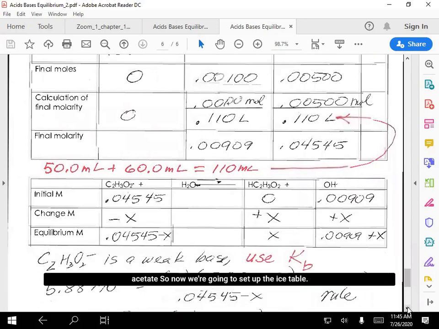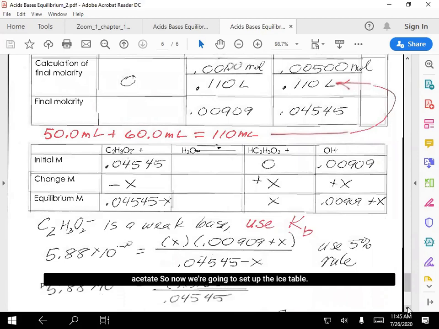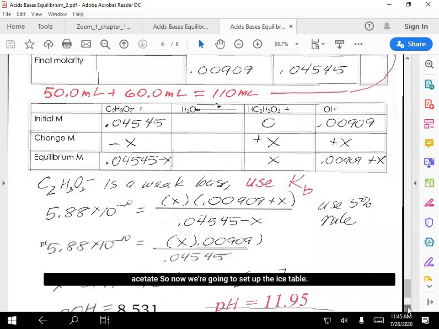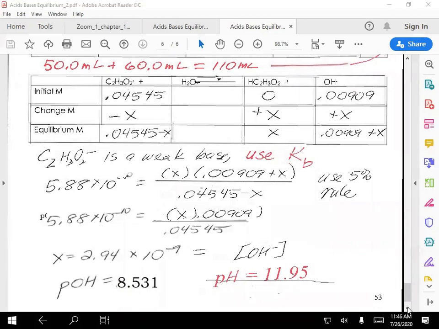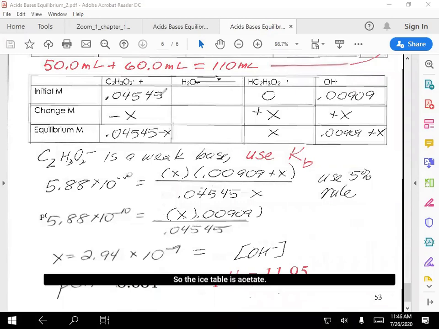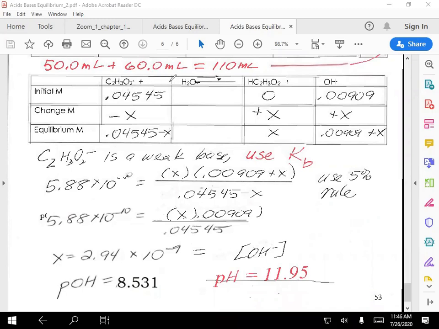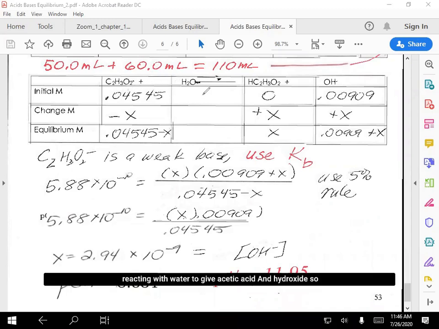So now we're going to set up the ice table. So the ice table is acetate reacting with water to give acetic acid and hydroxide.